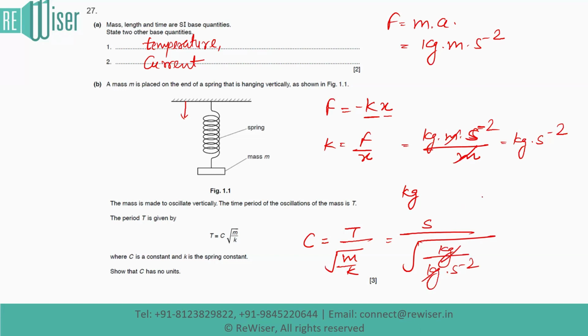So kilogram will cancel out. So it will be S upon root 1 upon S minus 2. So under root, S minus 2 will be only S minus 1. So that means S upon 1 upon S minus 1.